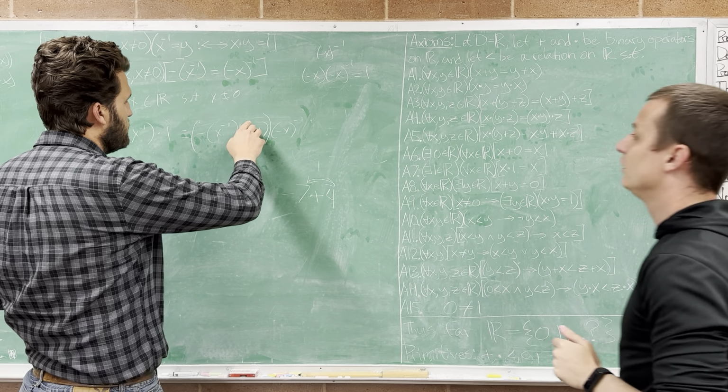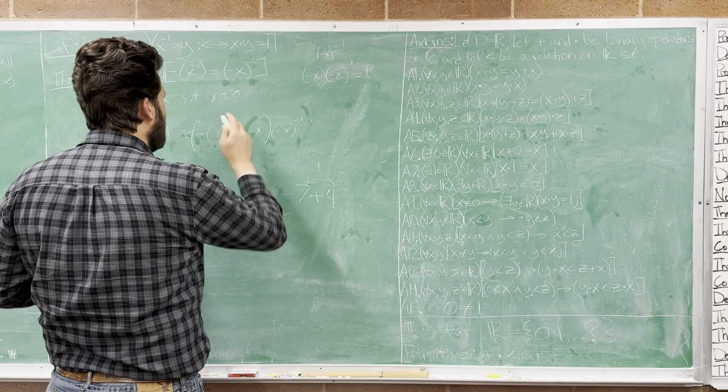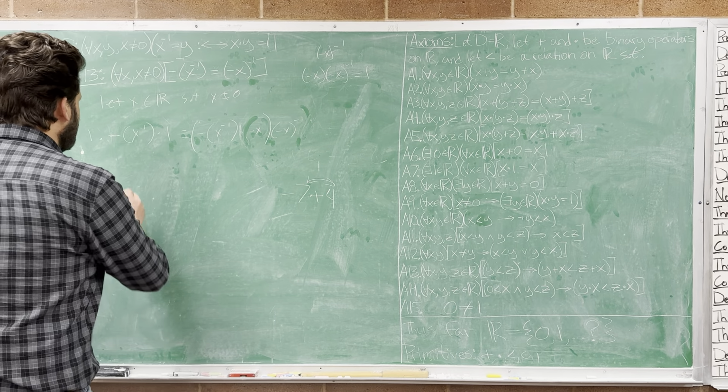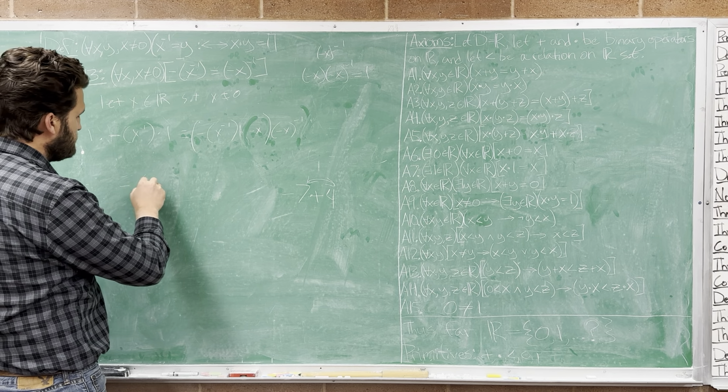Oh, I see. It's making more sense now. So this symbol and that symbol, in that case I could say this is now equal to x inverse times x times... They don't cancel?